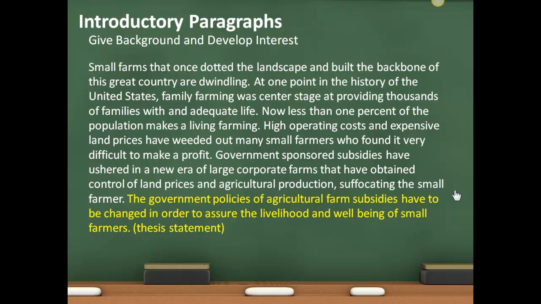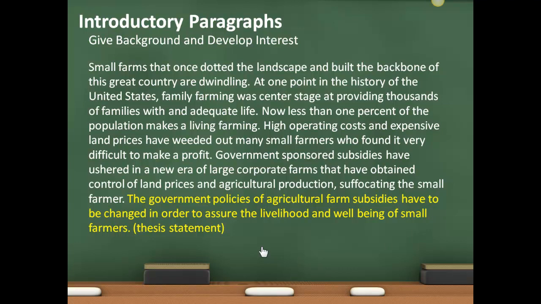So we're giving a little bit of background about the idea of family farming and introducing the context of the loss of the family farm and relating that to the government subsidies, and then finally leading towards a thesis statement where we're taking a position on government subsidies.